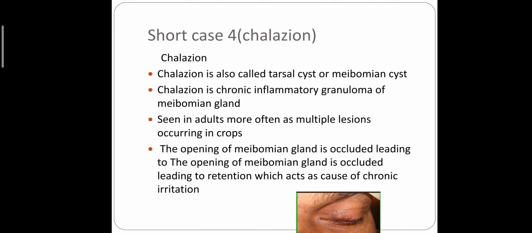The pathogenesis is thought to be because of low-grade infection of the meibomian gland caused by a very low virulence organism, leading to proliferation of cells and blocking the duct, which further leads to retention of the secretion. And retention of the secretions, meibomian secretions, is again an irritant, and hence leads to chalazion formation.